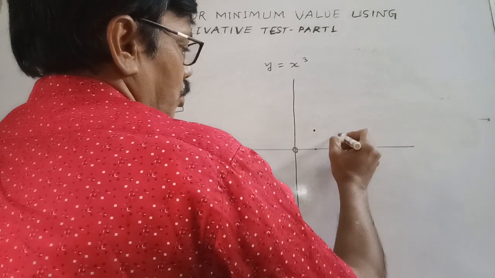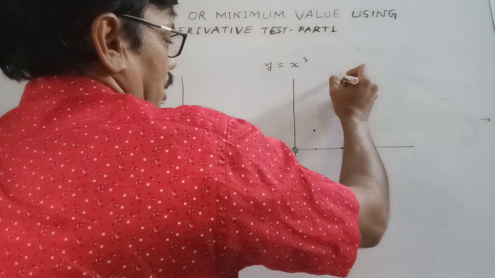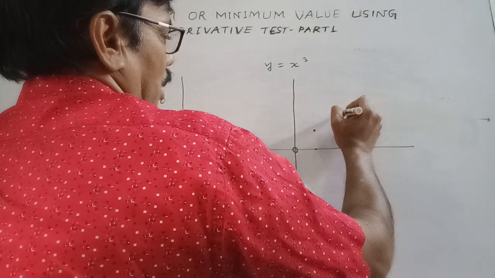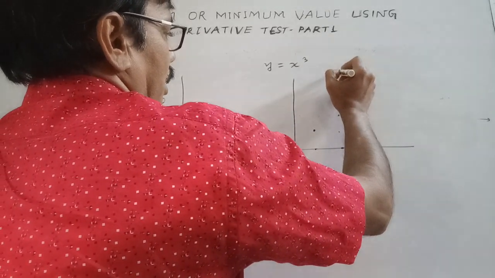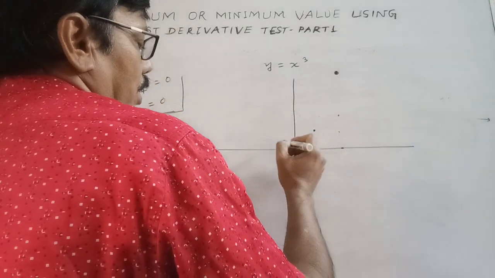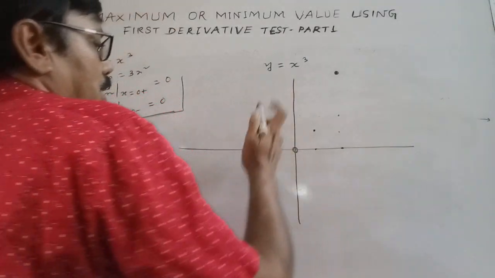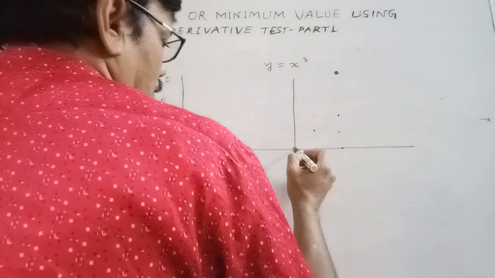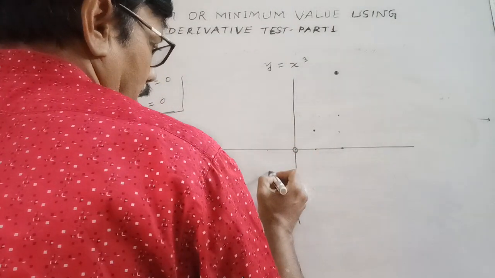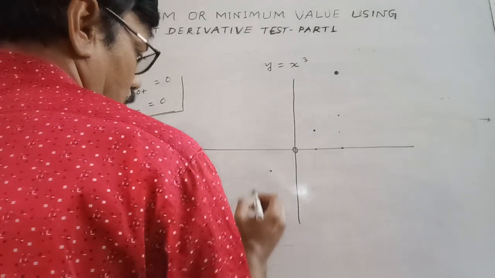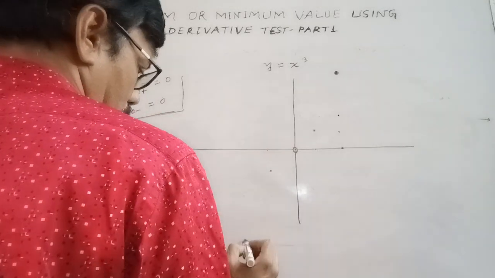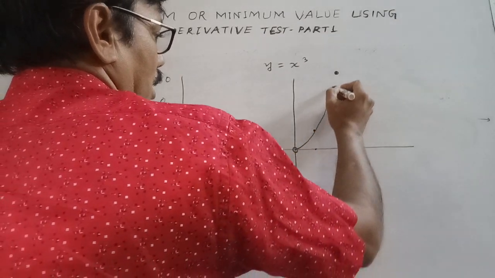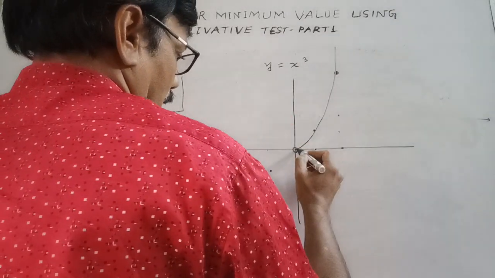At x equals to 2, it is 8. That is, it is increasing steadily. At x equals to minus 1, it is minus 1. At x equals to minus 2, it is minus 8. So you are getting a figure of this type.